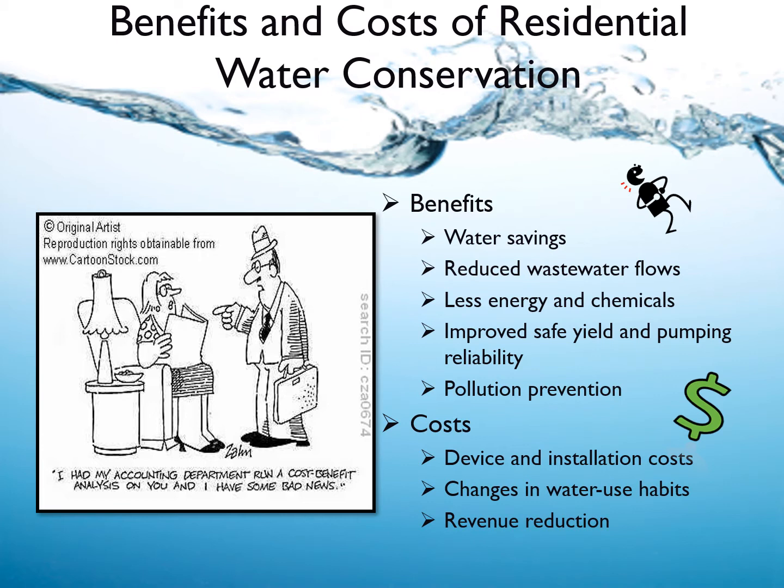If you have an aquifer, like we talked about in supply side, your safe yield is how much water the watermaster will allow each individual, each entity, to take out. So improved safe yield is important. When you improve safe yield, you also improve the reliability of the basin, or pumping reliability.